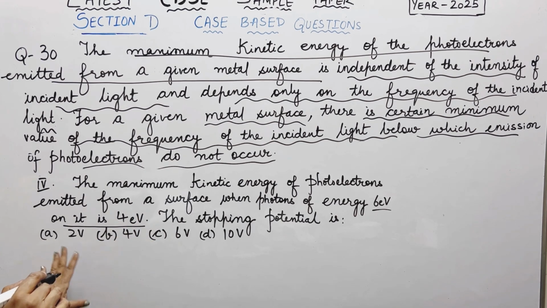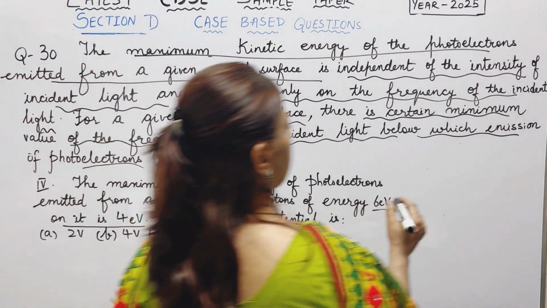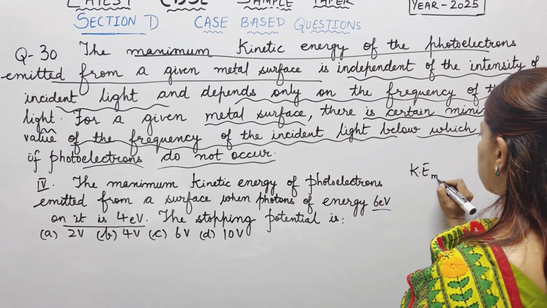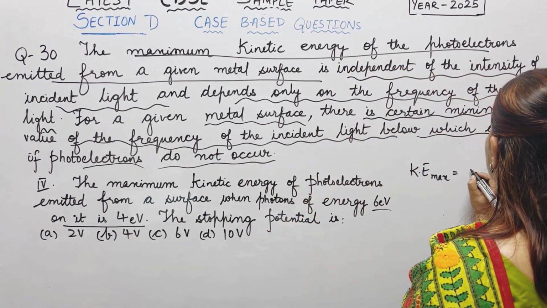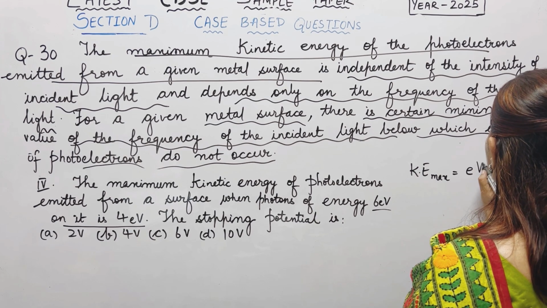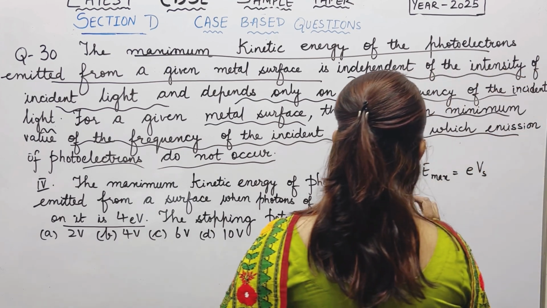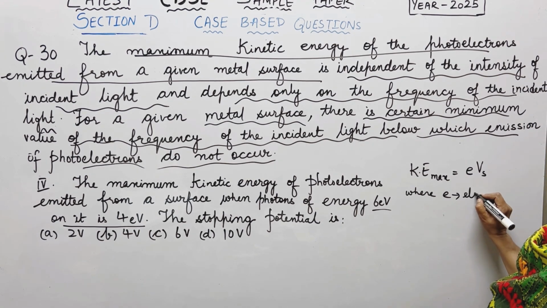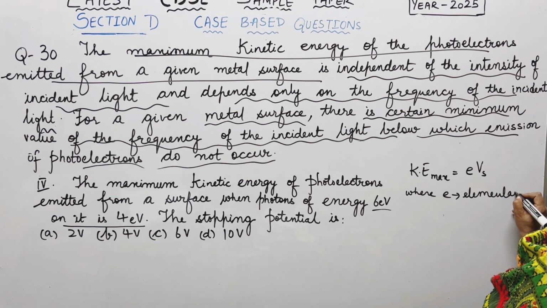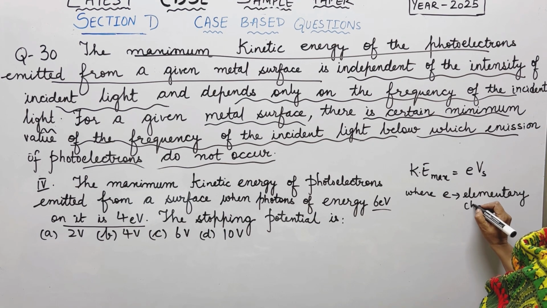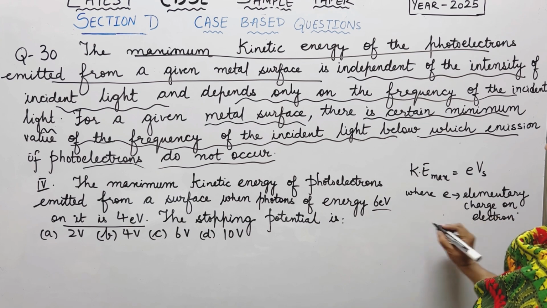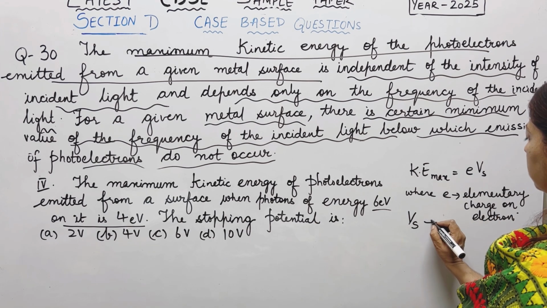Let us see the relation: kinetic energy maximum is equal to e Vs, where e is the elementary charge on the electron and Vs is the stopping potential.